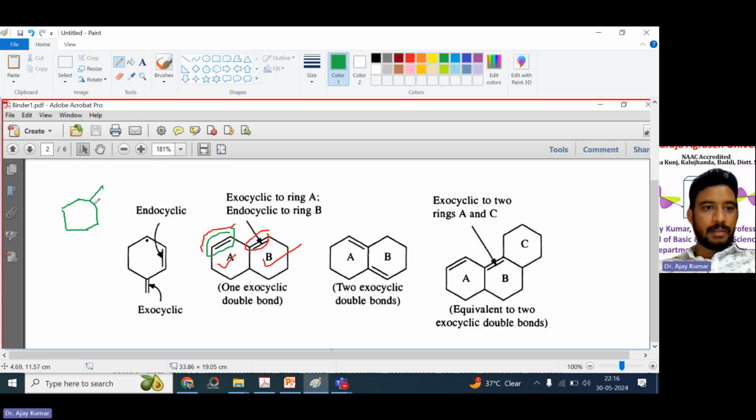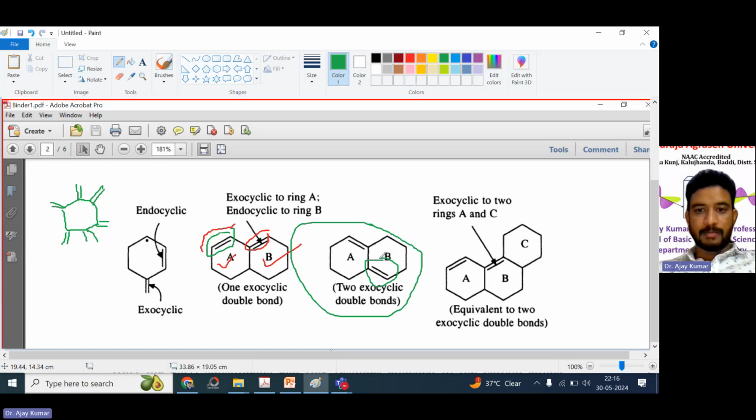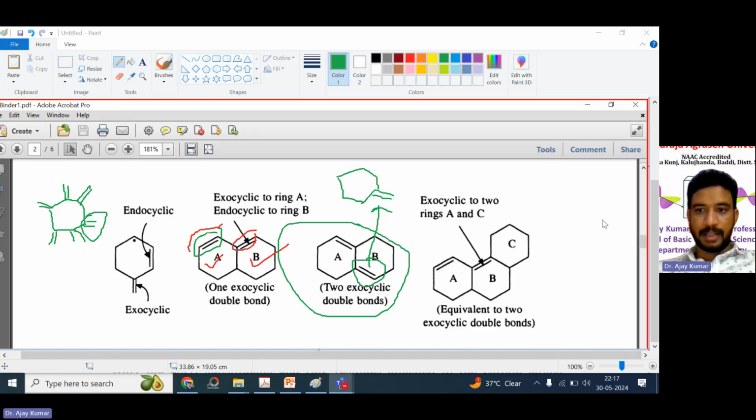If we have an exocyclic double bond at this position, or this position, or this position, all these bonds are exocyclic double bonds. In this particular structure, this bond is satisfying this condition. This is our ring A, and this is the exocyclic double bond to ring A.